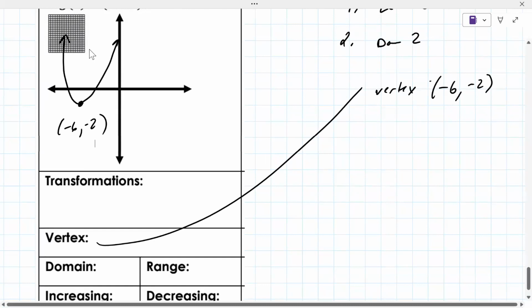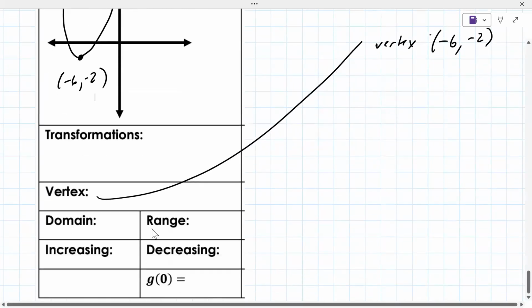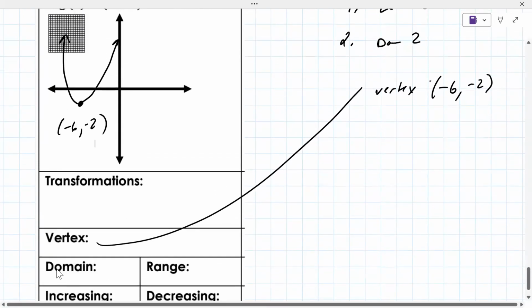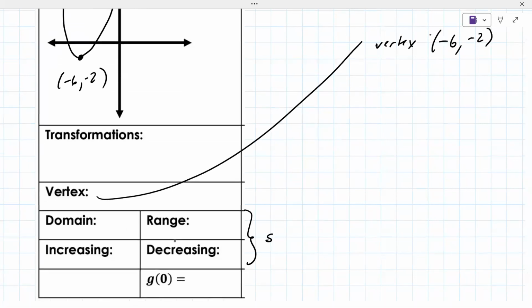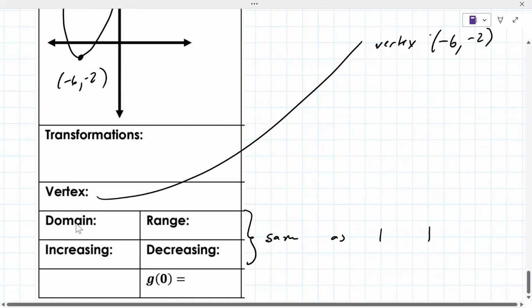The decreasing is the same. It's going down to the right. The domain is the same. The range is the same. So the reason they had you learn absolute values is because this stuff is all the same as absolute value. The new stuff is the vertex, but we already have the vertex.